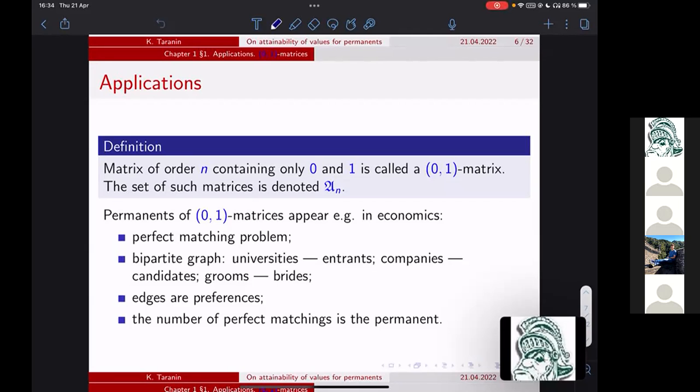But in this case, that will be a block matrix that will have two blocks of zeros and two blocks of something non-trivial.